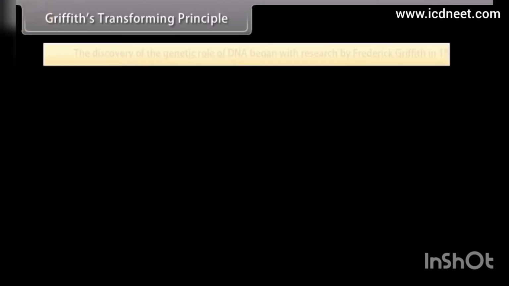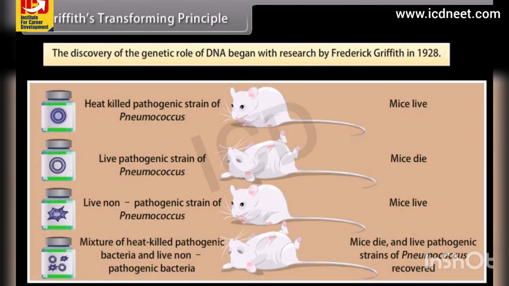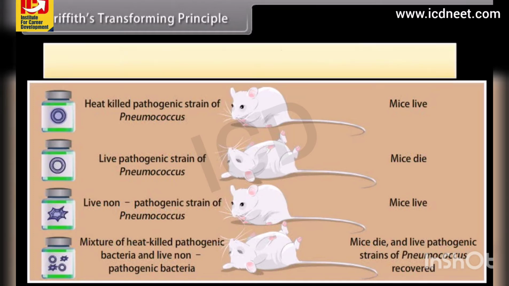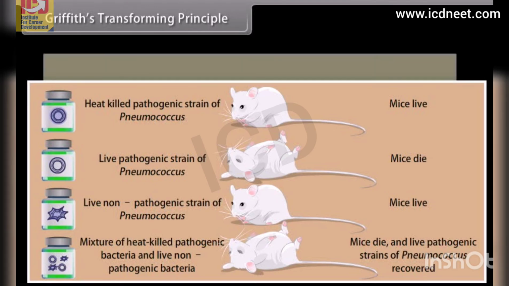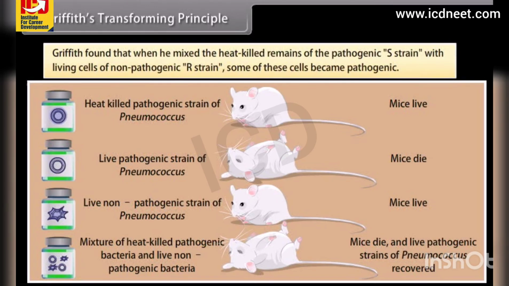Griffith's transforming principle. The discovery of the genetic role of DNA began with research by Frederick Griffith in 1928. Griffith worked on 2 strains, pathogenic and non-pathogenic, of Streptococcus pneumoniae. Griffith found that when he mixed the heat-killed remains of the pathogenic S strain with living cells of the non-pathogenic R strain, some of these cells became pathogenic.